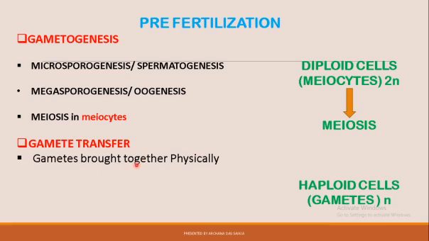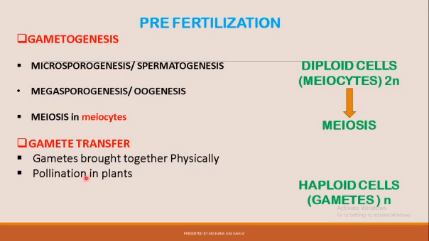Now these gametes can be brought together physically through direct contact. Usually female gametes are stationary, non-motile, and male gametes are motile, which will be carried from the male individual to the female individual so that fusion can take place. In plants, it happens through the process of pollination.